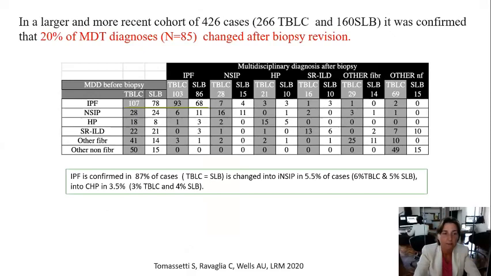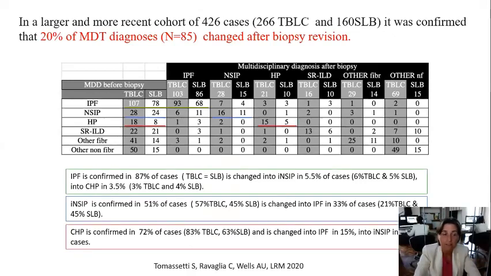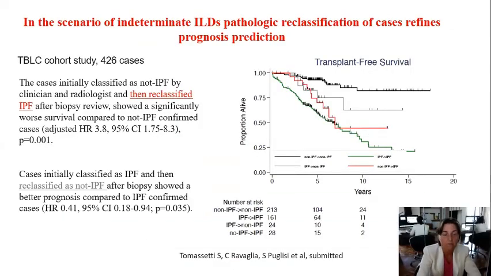For example, in this study, although IPF was confirmed by biopsy in the majority of cases, NSIP was confirmed by histology only in half, and chronic HP was confirmed only in 2/3, meaning that there is a significant subgroup of patients that after biopsy are reclassified based on biopsy into a different diagnosis.